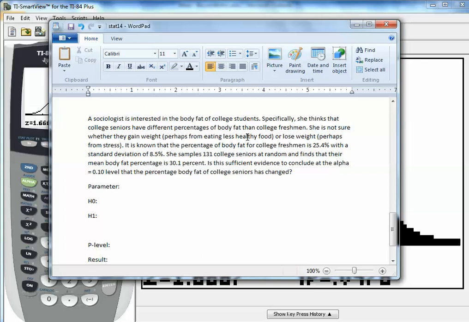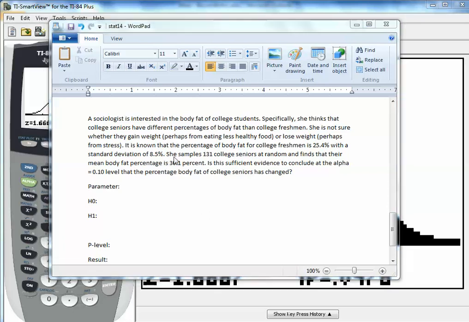She's not sure whether it will be higher, since maybe they stopped exercising or ate less healthy food, or maybe they lost weight from stress. She's not sure if it will go up or down, she just thinks it might be different. We already know that the mean percentage of body fat for college freshmen is 25.4%, with a population standard deviation of 8.5%.